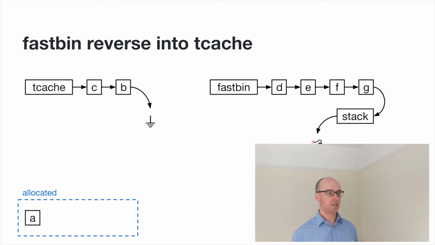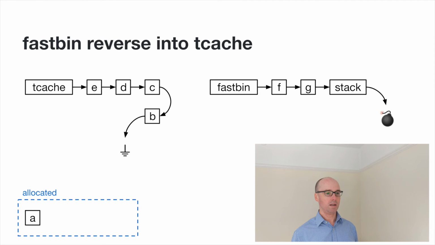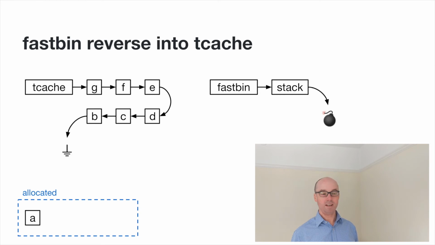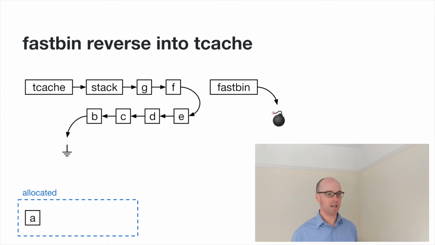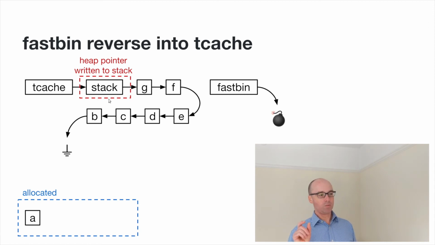So B, C, D, E, F, G, and then it thinks that the stack pointer is another chunk, and so it copies that across into the tcache. Now, what's happened here is that it's written a pointer to G into that stack address. So this has now achieved the effect that we want, which is to write a garbage value onto the stack, or a very big number has been written onto the stack.